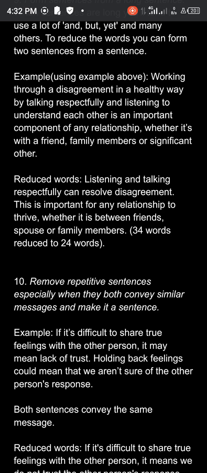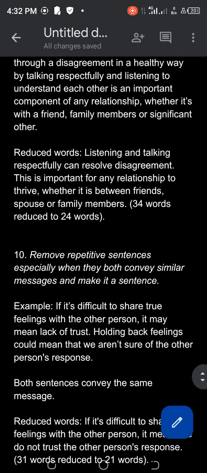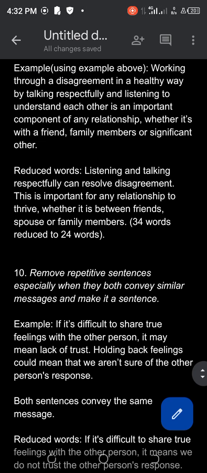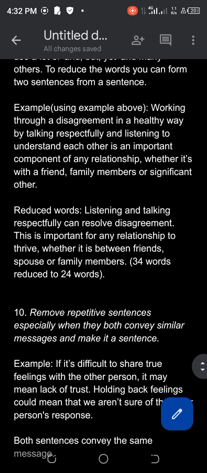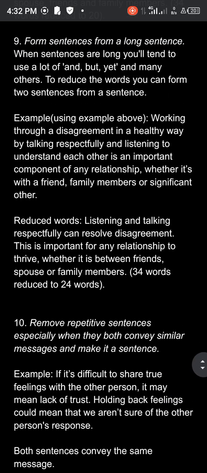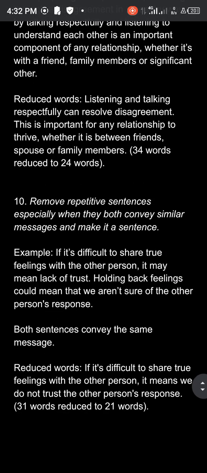You see, it has reduced from 34 words to 24 words, yet the message is still intact. The content is still intact. It's not distorted.